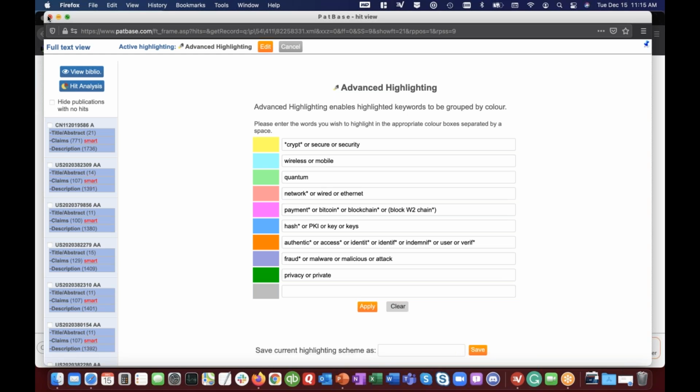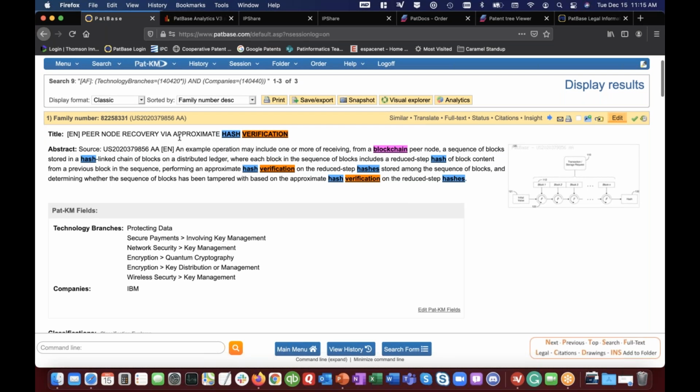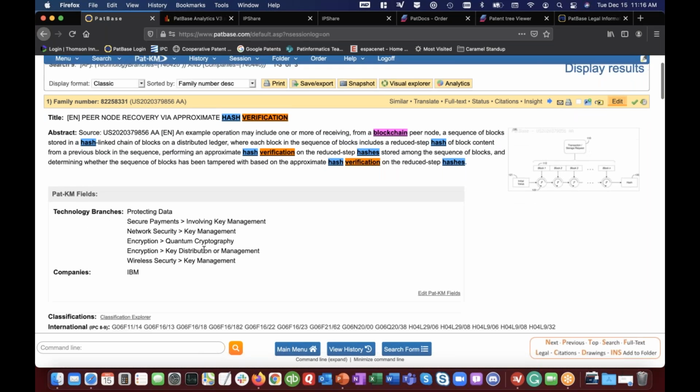And so let me go ahead and close this window, and you can see again the results of what that provides automatically. Anytime that somebody goes to look at one of these records and they've got that highlighting scheme, which you can export, you can share with others. And then you've got all these different, this is one peer node recovery, hash verification. And these were all the different areas that I thought it belonged in, including quantum.